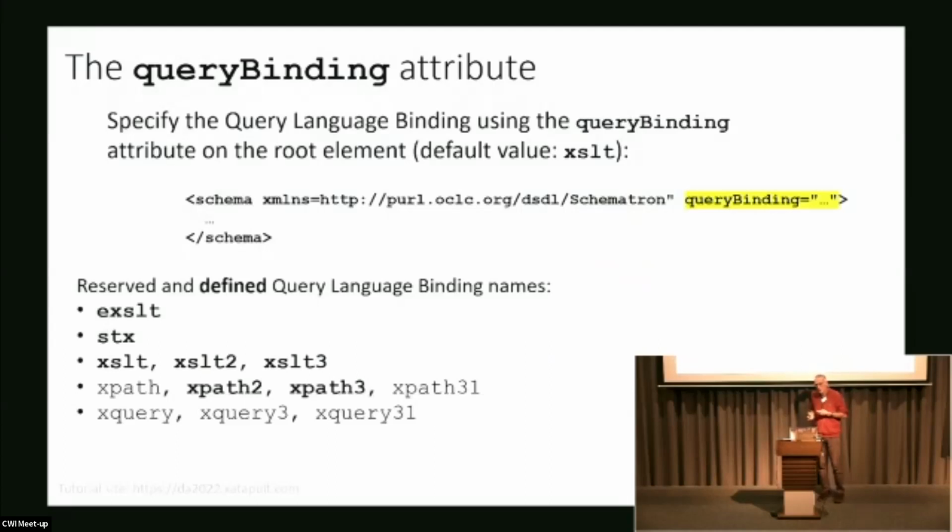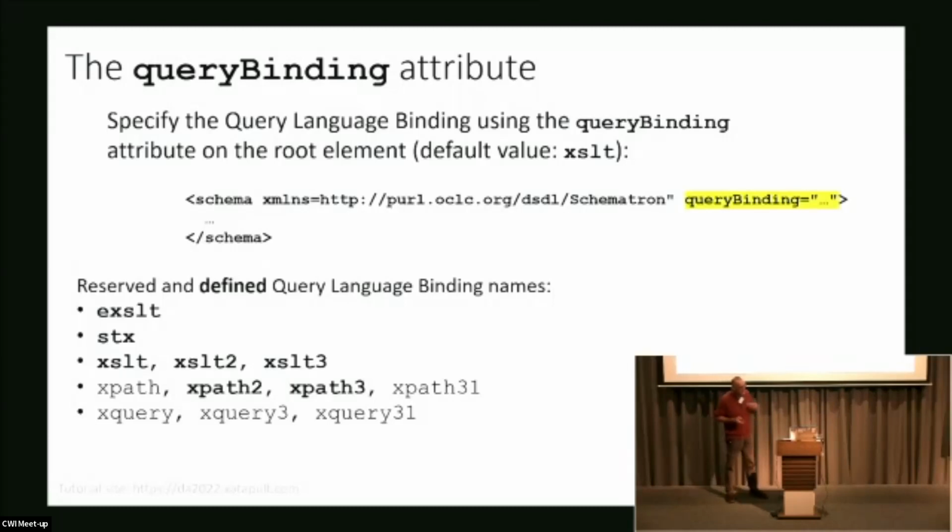The ones in bold are defined, and the ones in normal typeface are reserved but not defined. I think we can all infer what the designers meant with them, but they did not define them for whatever reason. I've asked, and I could not get an answer that made sense to me.